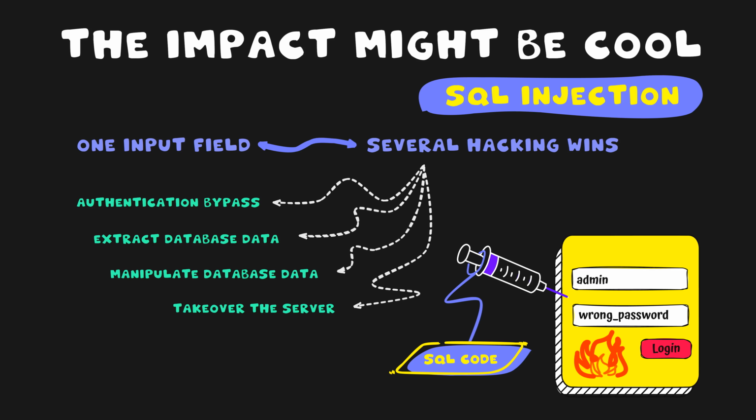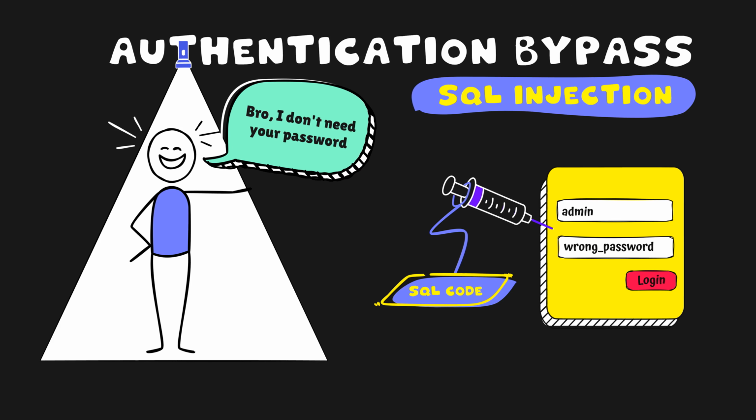In more severe cases, depending on server configuration, an attacker can even read files directly off the server's file system. A vulnerable login page isn't just a shortcut past authentication, it's a doorway into the entire database sitting behind it. Now you know how a single login form can expose an entire database through nothing but SQL injection.